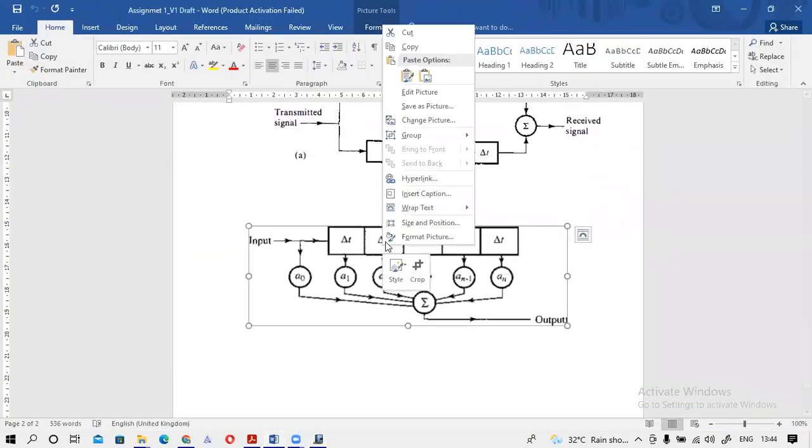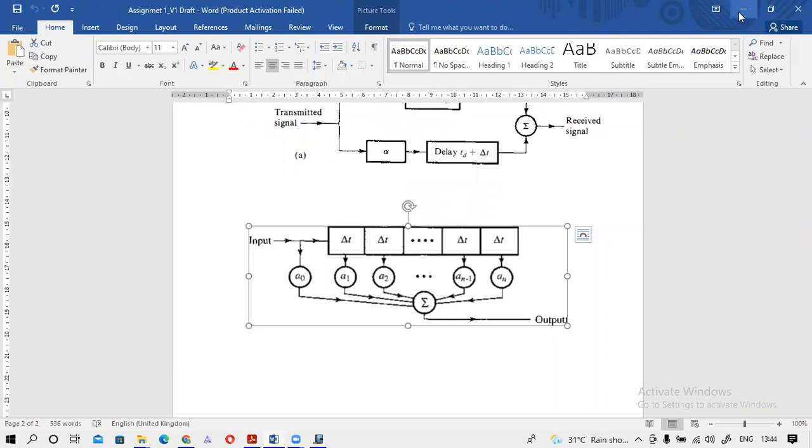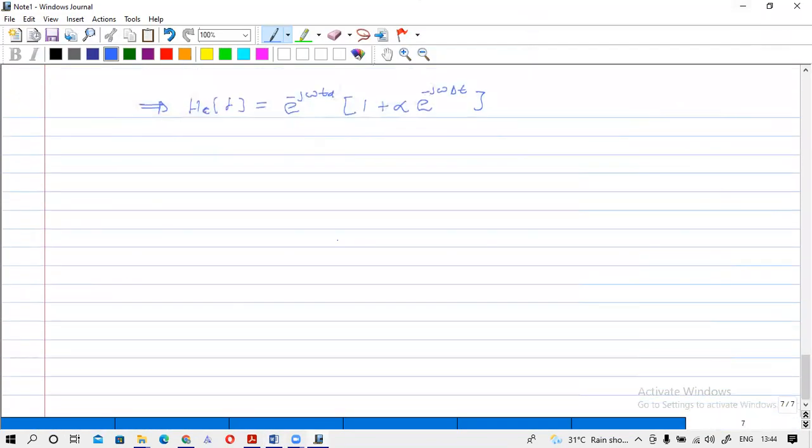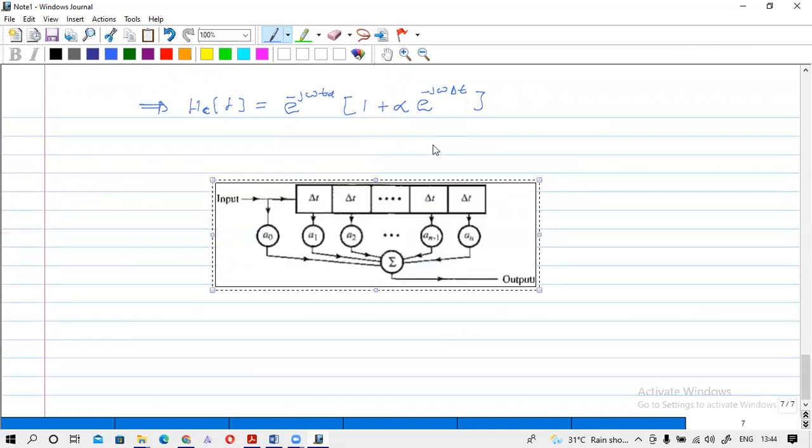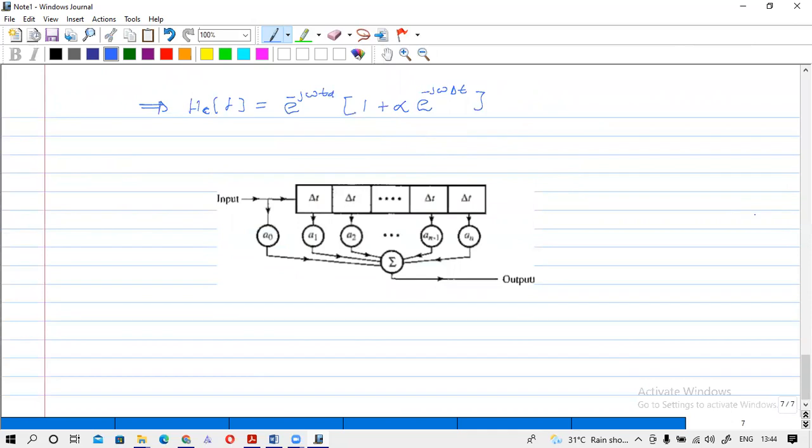So I will get the equalizer here. You can see that this is our equalizer, and I need to find the transfer function of this equalizer.